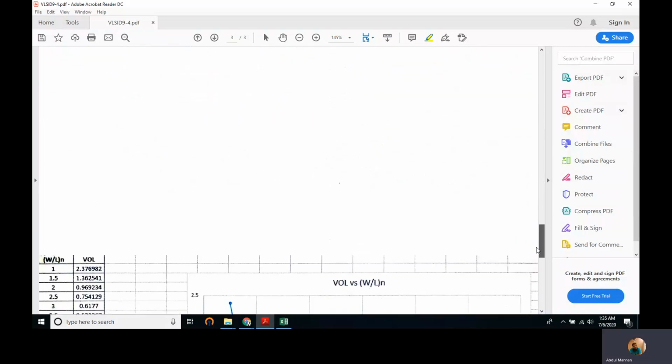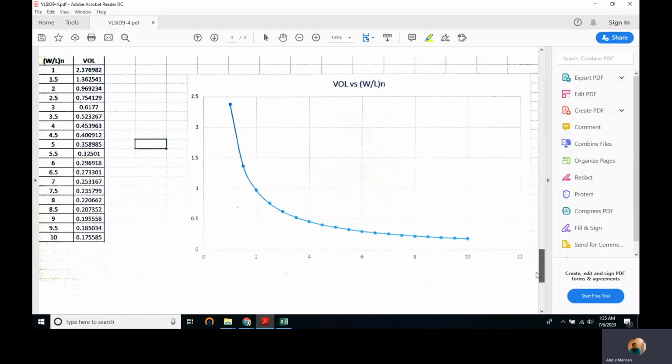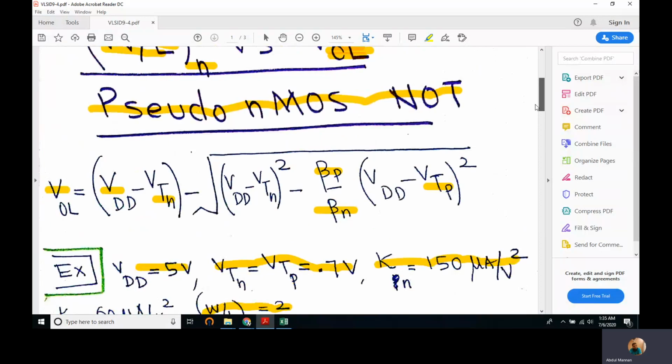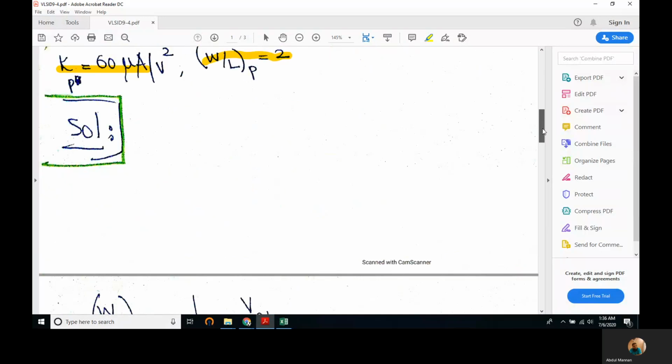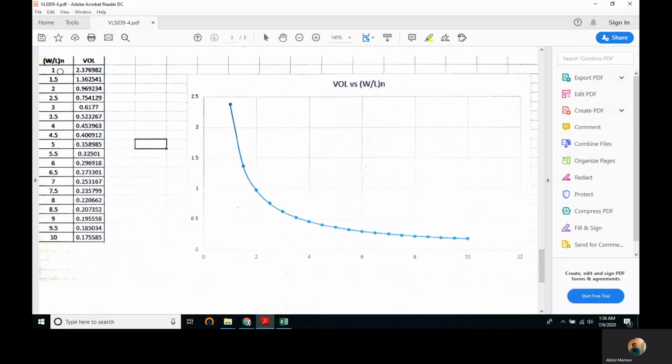I have also done a small exercise for you in Microsoft Excel. I have plotted this VOL. This column implements this whole expression, taking the aspect ratio of N from this column.